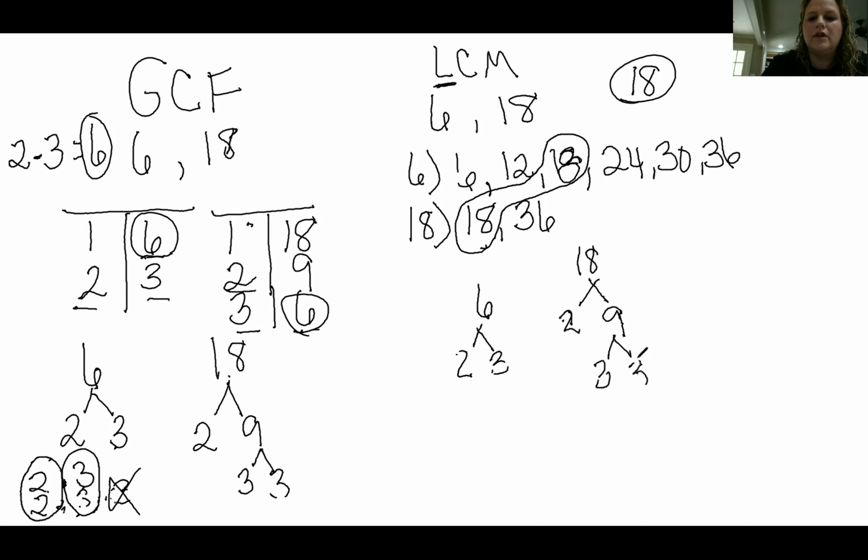Okay. Now, even though the process is a little different, the factors are exactly the same. 6 is still 2 and 3. 18 is still 2 and 9, and then 3 and 3. So the factors are 2 times 3, and then 2 times 3 times 3.